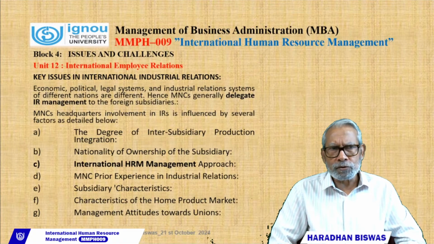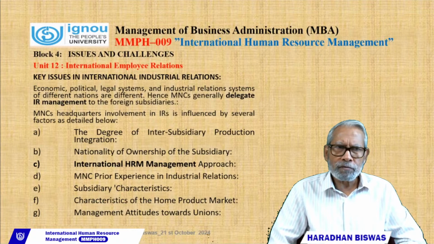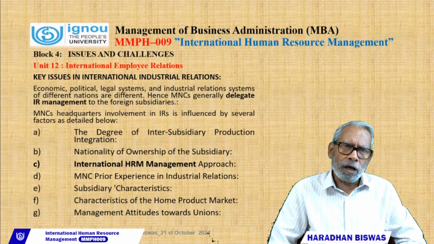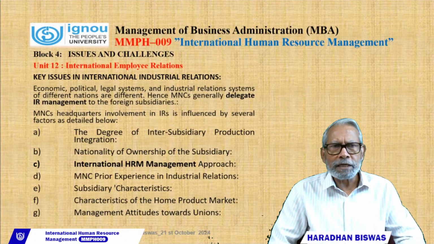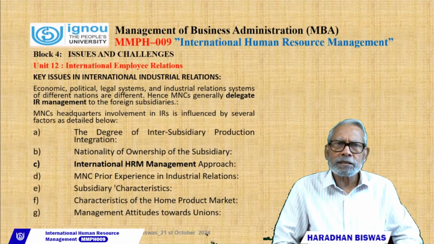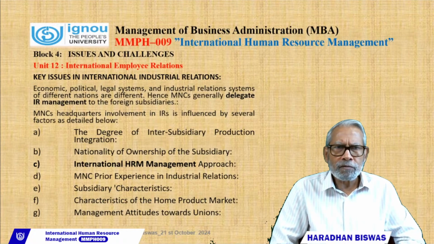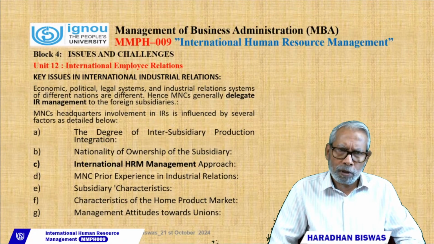Now the key issues. What are the key issues in international industrial relations? One of the issues is that the economic, political, legal systems, and the industrial relation systems of different nations are different, because economic conditions vary from country to country. Their GDP and their budget depend on all these things.